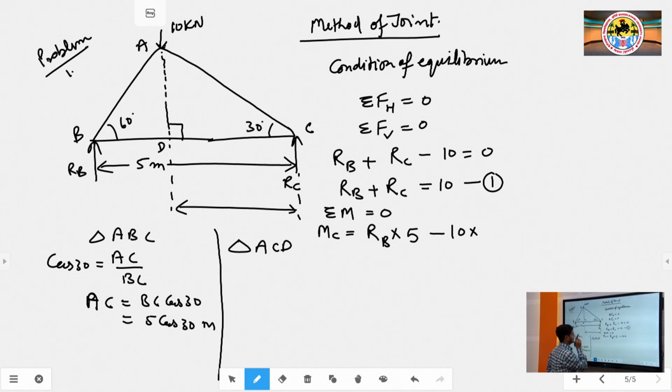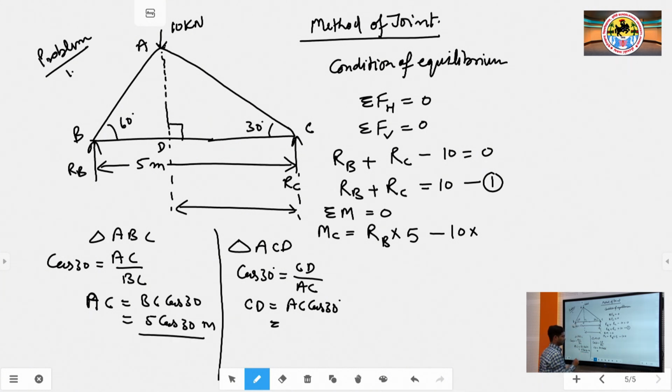So, if you know the value of AC, then you can apply cos 30 in the triangle: CD upon AC equals cos 30, so CD is equal to AC cos 30, and AC we have already calculated over here, 5 cos 30. So, put down 5 cos 30 into cos 30.